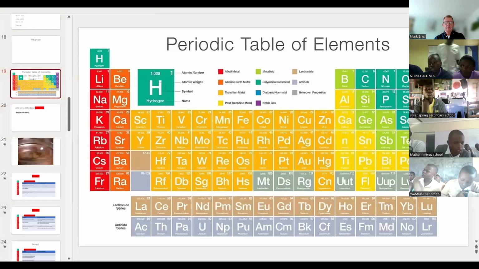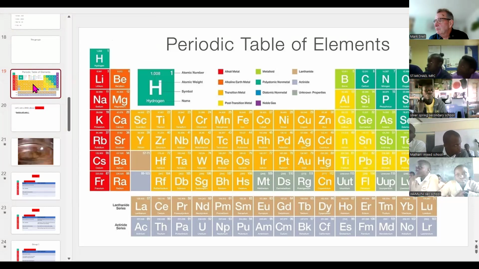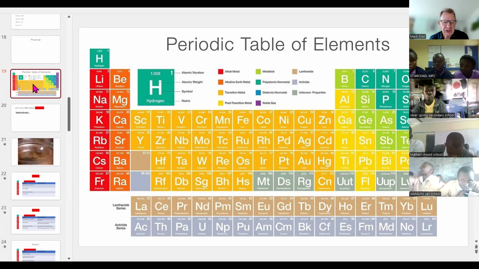There's the periodic table. So here they are. Beryllium, magnesium, calcium going down. So if you remember from group 1, and it's the same in group 2, they become more reactive as you go down.